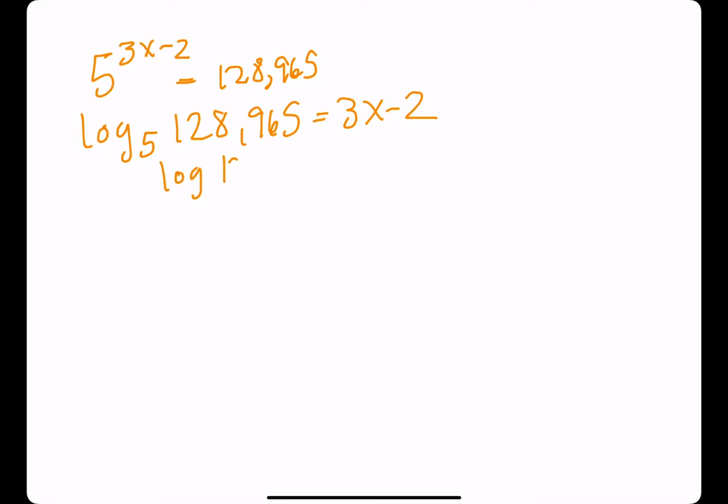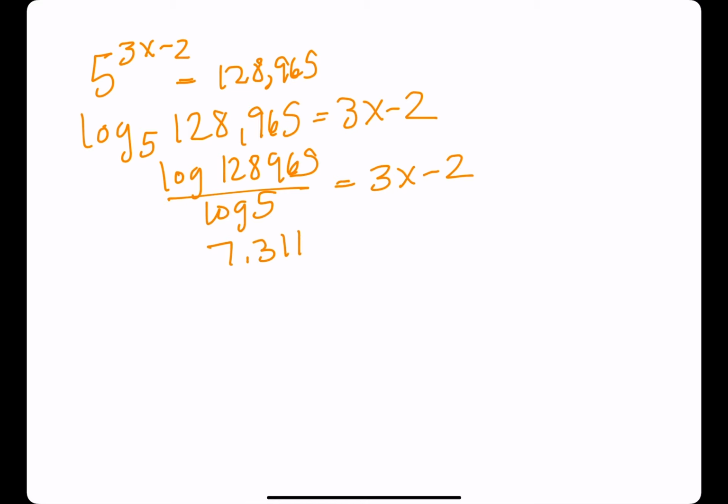You do log of 128,965 divided by log of 5. That change of base formula that I talked to you about, which turns out to be 7.3114. Then you add 2, 9.3114.